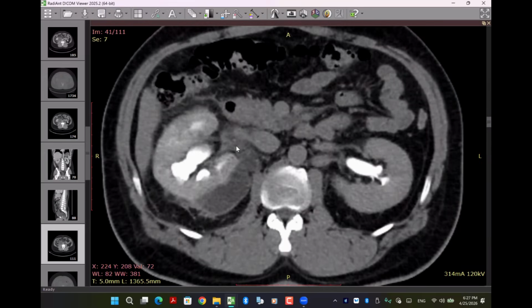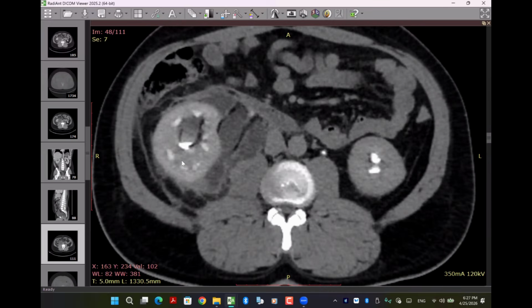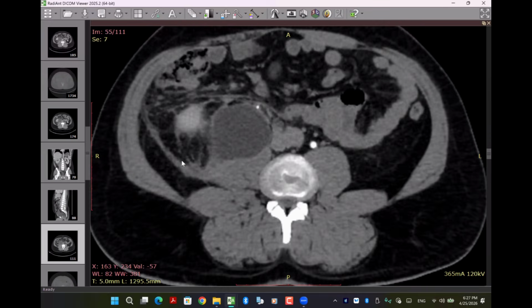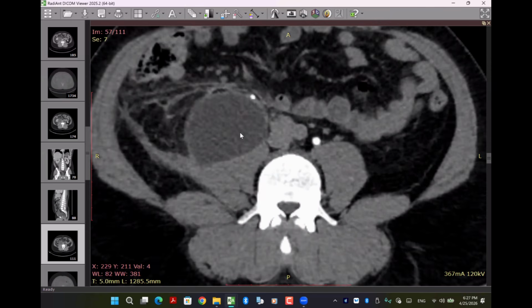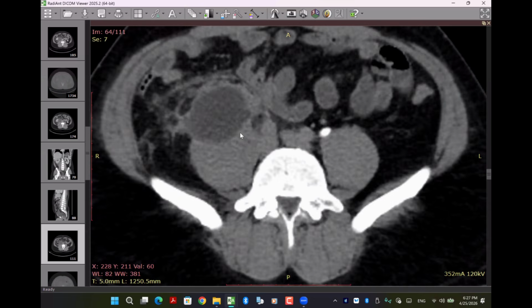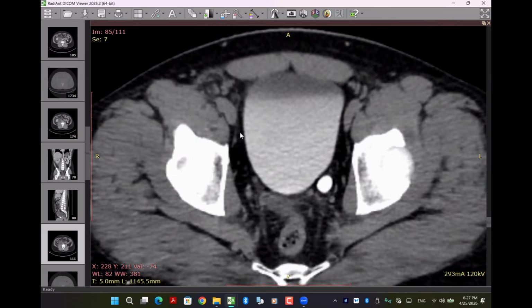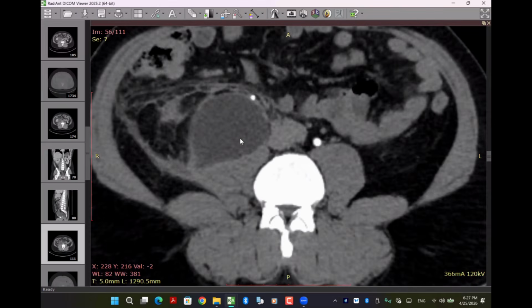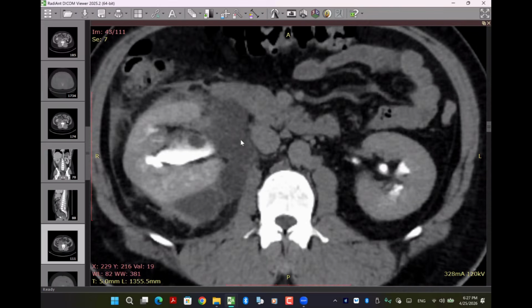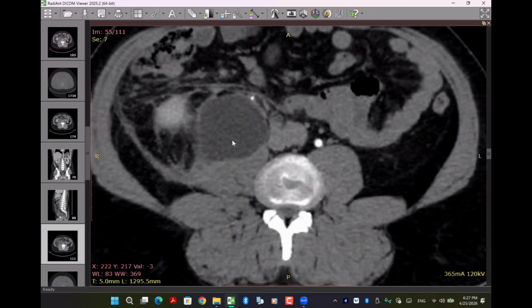Nice, so there is contrast but no evidence of excretion of contrast into the right ureter. Can you please scroll again? Yes, I can see there is contrast. This hyperdensity was also present on the plain images. There is no excretion into the right ureter.